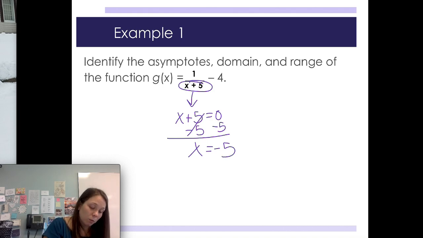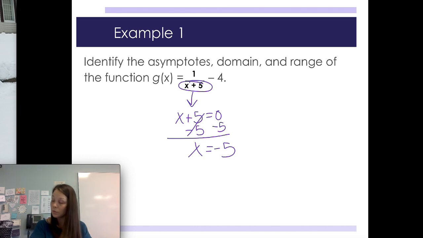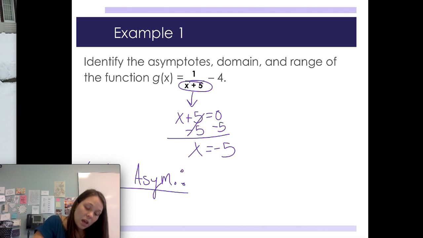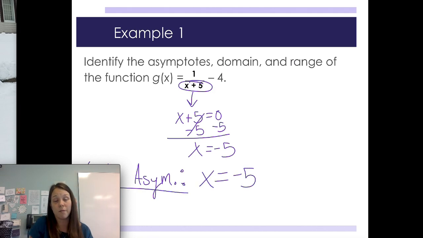What that's doing for me is identifying what's called the vertical asymptote, and the vertical asymptote then is at the line x equals negative 5.